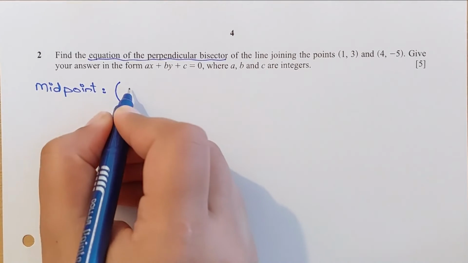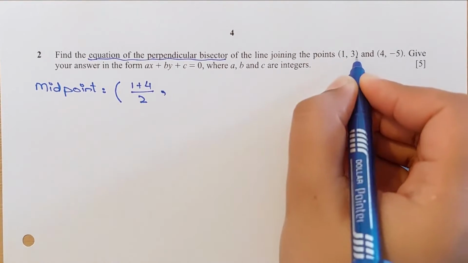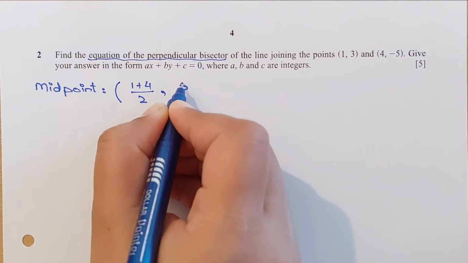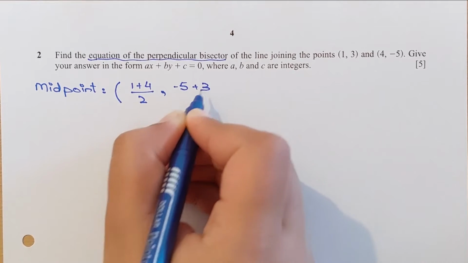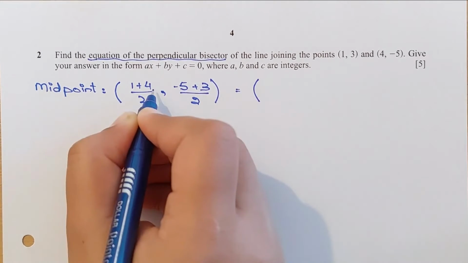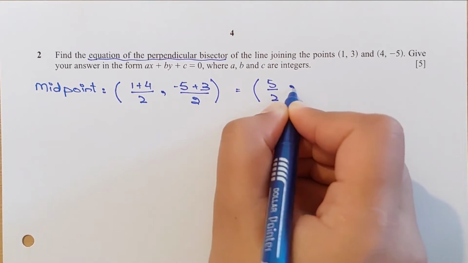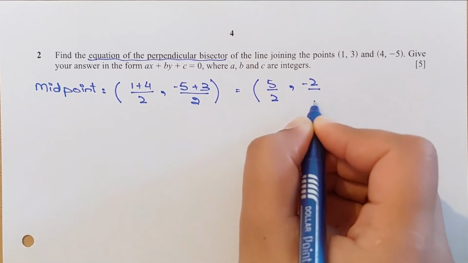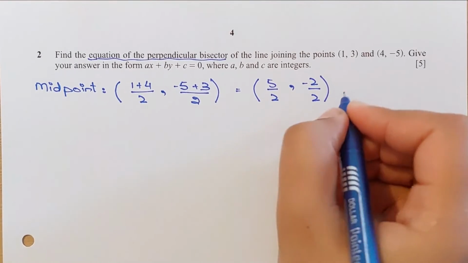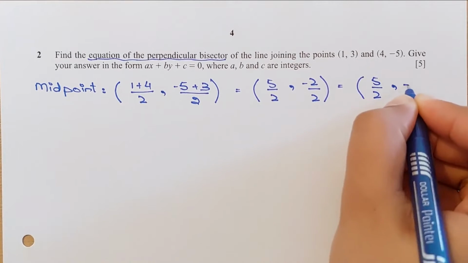So 1 plus 4 divides 2, and we have 3 minus 5 divides 2. So from here we have 4 plus 1 is 5 by 2, and this is minus 2 divides 2. And the midpoint is 5 by 2 and minus 1.